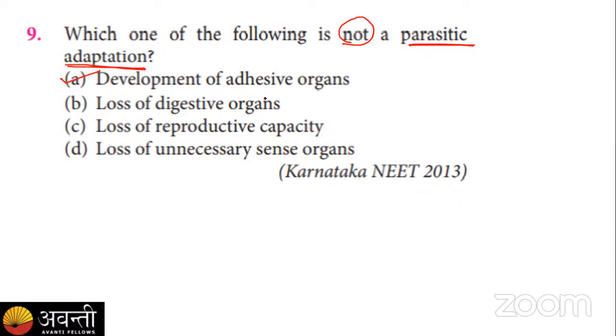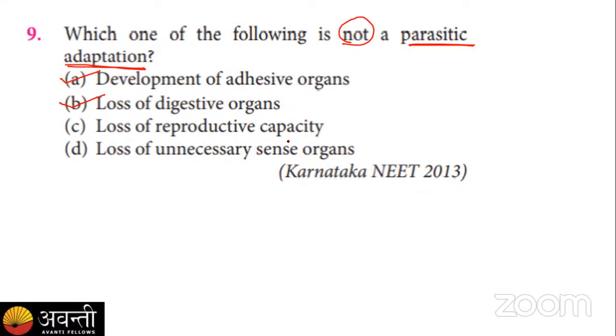Yes, because they are sucking up, they are absorbing the digested nutrients, or we can say the simpler components from the body of the host. So they don't require to break them down, right? And if they are not required to break them down, that means there is no requirement of a digestive organ, right? Option C says loss of reproductive capacity. No, the parasite, whenever it survives on the body of a host or in the body of a host, keeps on reproducing.